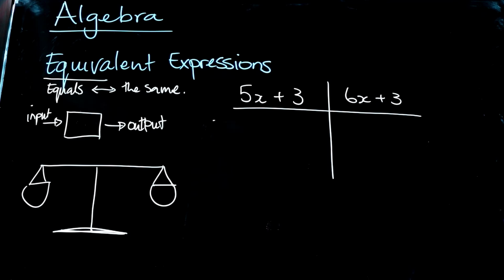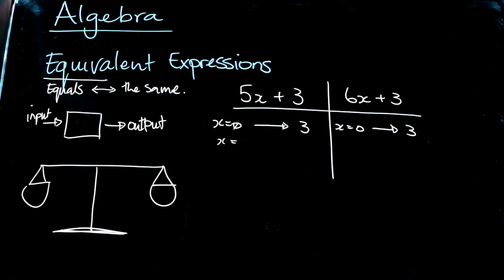So let's use some easy values, and I love using x equals 0 here. So that's our input, we put it in, and what do we get out? We get 3 on this one, and if we put x equals 0 in here, we get 3 out. So the first value we try, we get the same answer.